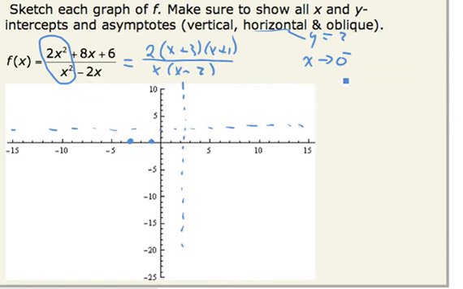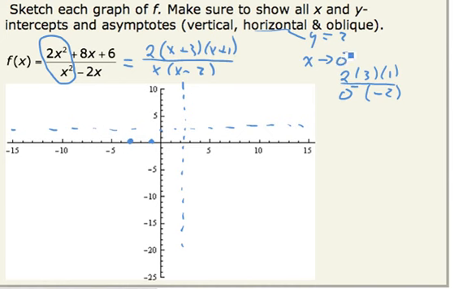If x is close to 0, 2 is still 2. x plus 3 is close to 3, and x plus 1 is close to 1. In the bottom, if x is close to 0 but negative, I'll put down a 0 for this factor, and I'll put a little minus sign there to indicate that it's close to 0 but negative. x minus 2 is close to negative 2. So if we look at this expression, it's not really a numerical expression, but just an indication of what's happening.